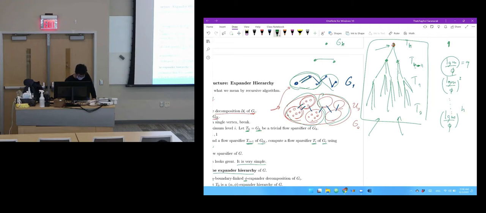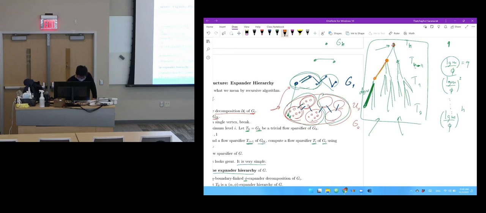Just to make sure that we are really on the same page, what is the capacity of this edge? If this is node V, the capacity of this edge is what? Degree of the vertex in G. Yeah, this is just the degree of V. And what about this one?